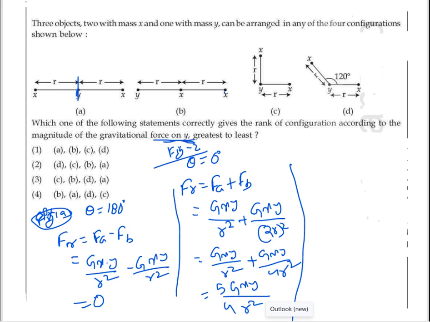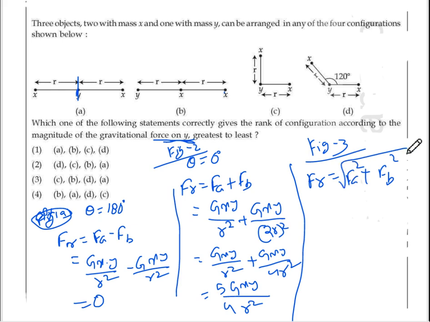Okay, so we'll move to the next one. For the third option, the angle is 90 degrees. So for figure 3, Fr is simply the root of FA square plus FB square. This is the resultant formula for two forces, according to the triangle law of vector addition.